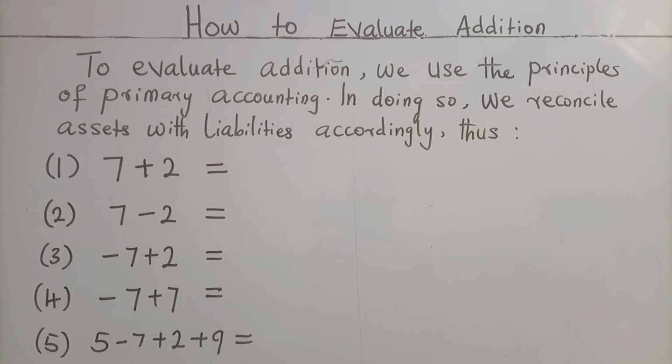Without wasting time, let us see about 5 examples of addition. And let us, in the process of carrying out addition, bear in mind the principles of primary accounting. The first on the list is 7 plus 2. It appears simple enough.